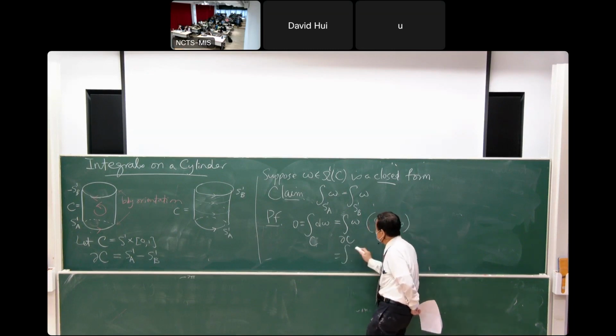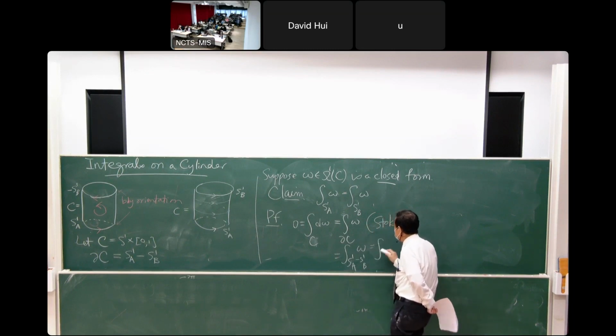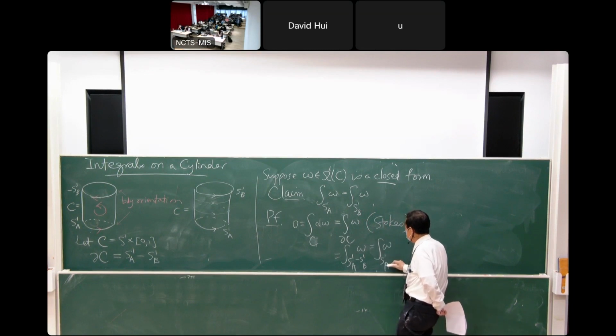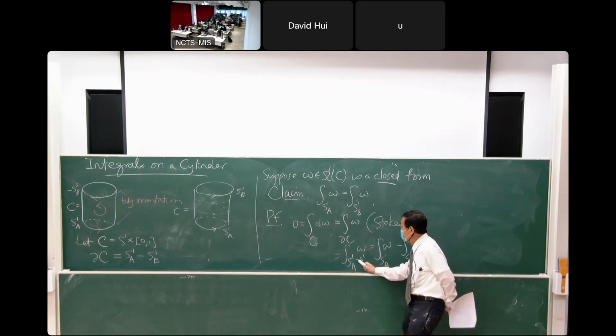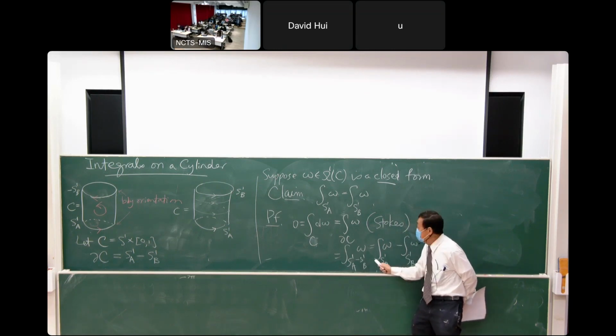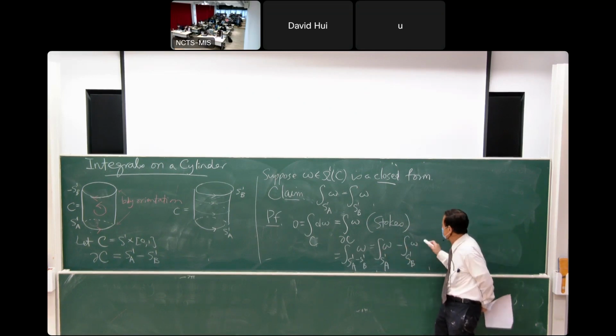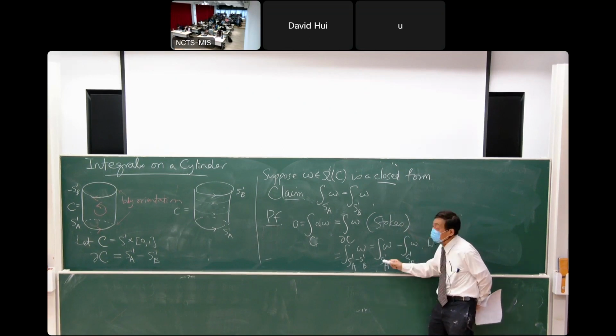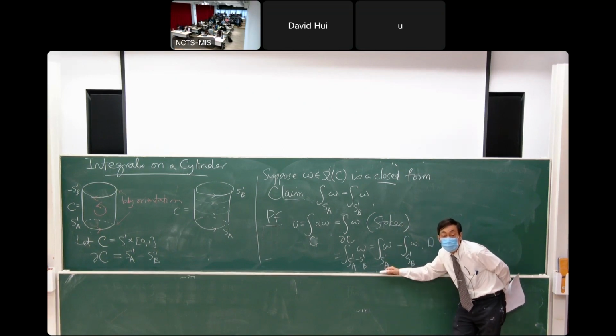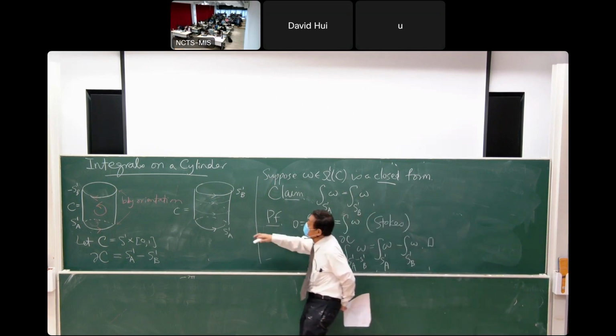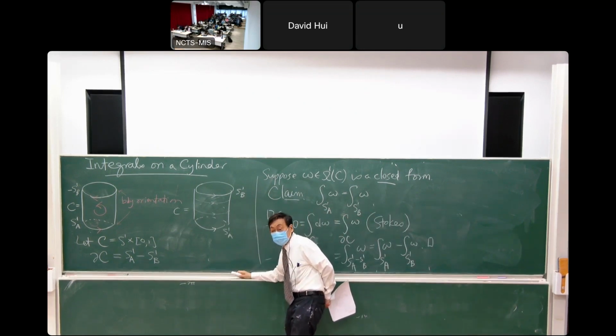And the boundary is S1A minus S1B. Okay, so that's the integral of omega over S1A minus the integral of omega over S1B. Because when you reverse the orientation, the integral changes sign. And therefore, the integrals on S1A and S1B are equal, okay, if they are oriented consistently. Right?